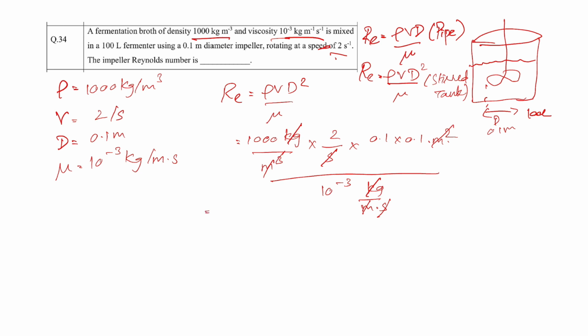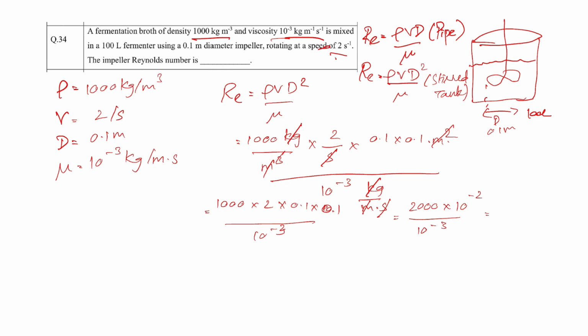Now solving these values, we have 1000 into 2 into 0.1 into 0.1 divided by 10 power minus 3. So it's 2000 into 0.1 into 0.1, which is 10 power minus 2, and 10 power minus 3.